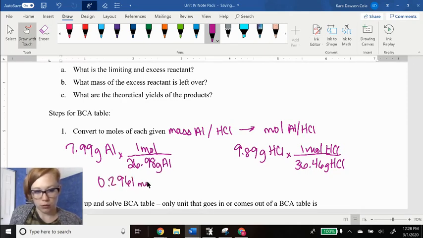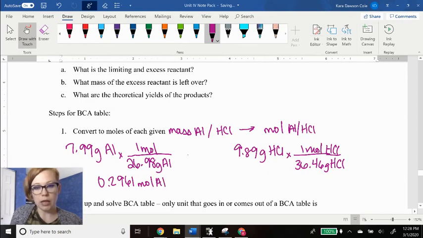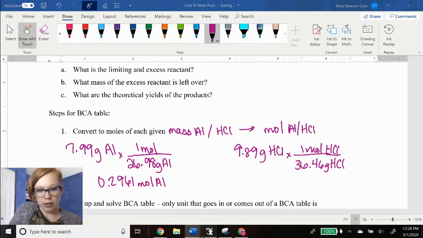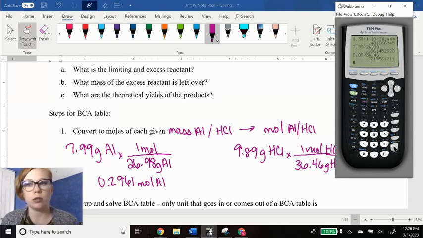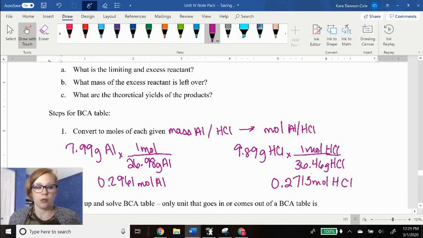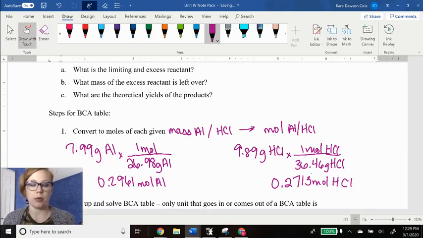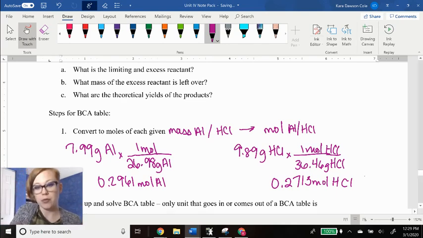This is moles of Al. Then 9.89 divided by 36.46 gives me 0.2713. So I've got 0.2961 moles of Al and 0.2713 moles of HCl. That's the first step. Again, I have to have it in moles so that I can compare the two.